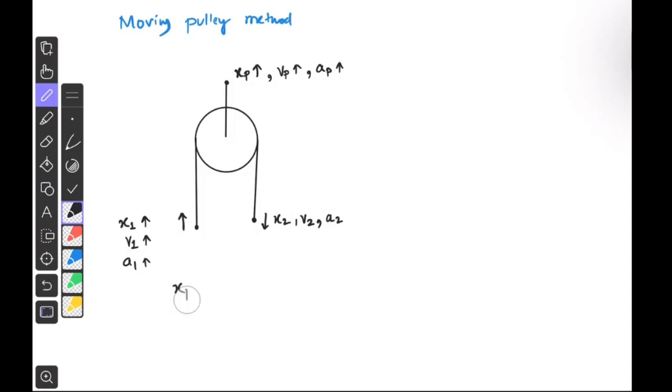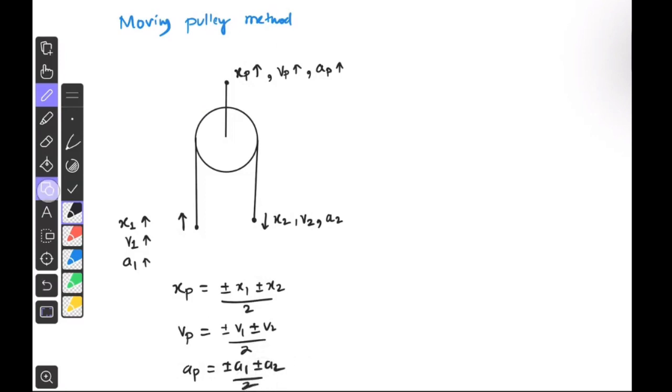So the general relation was xp equals plus minus x1 plus minus x2 by 2, vp equals plus minus v1 plus minus v2 by 2, and ap equals plus minus a1 plus minus a2 by 2.